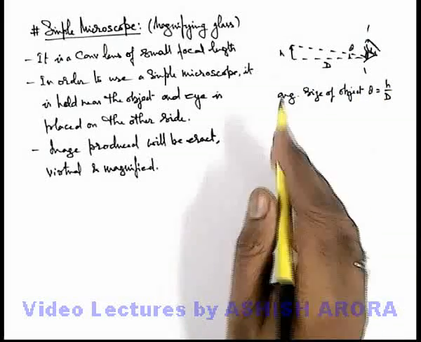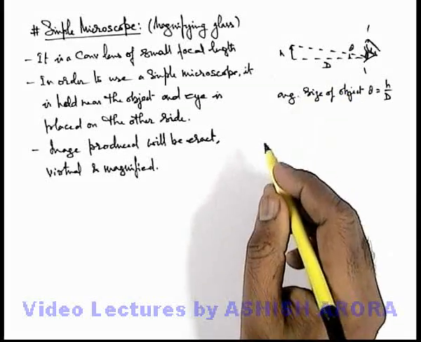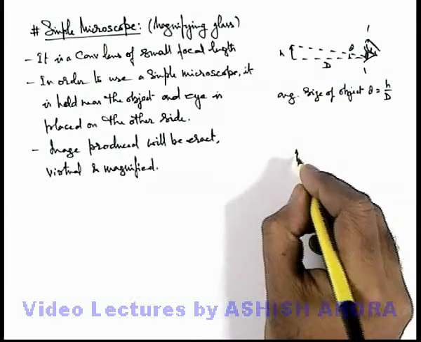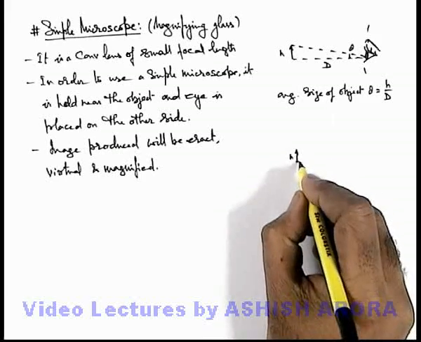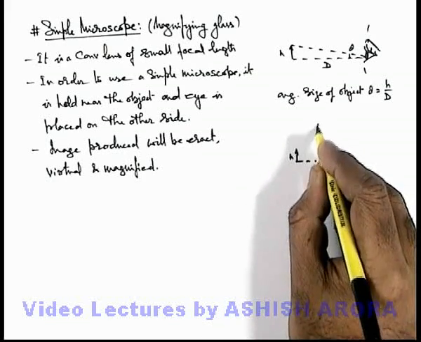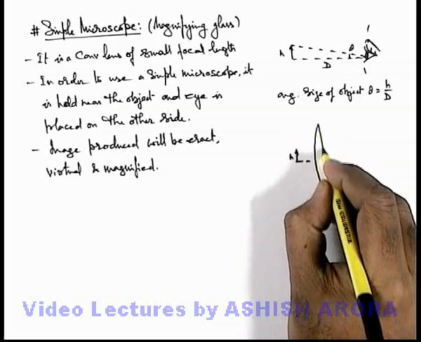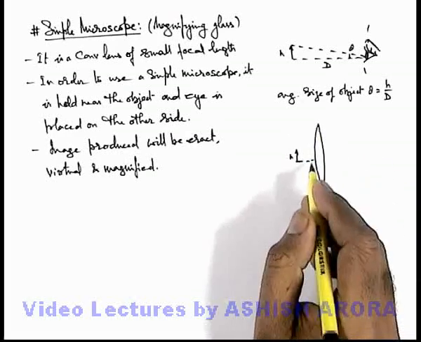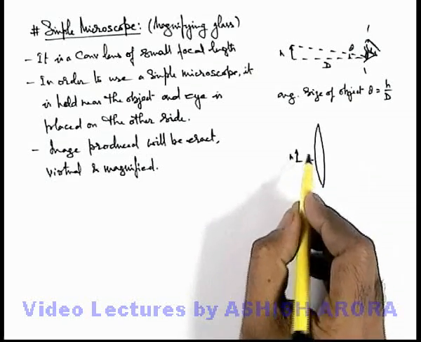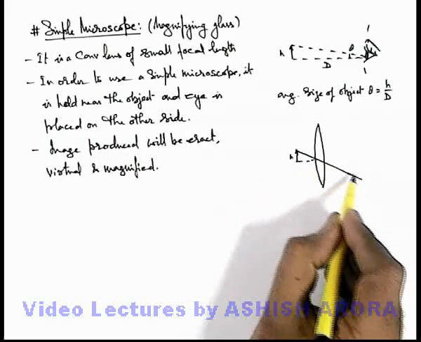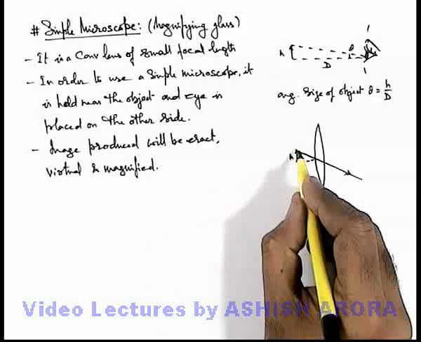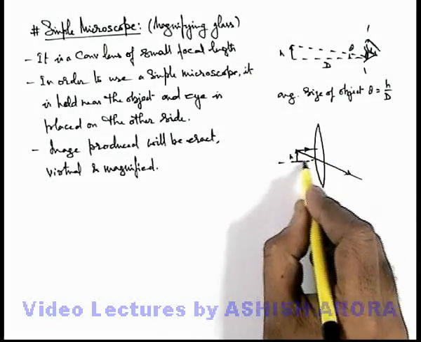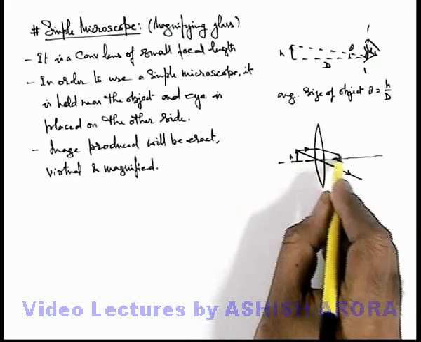Now if this object is seen by the same observer using a magnifying glass: this is the same object of height h, and at some distance we place a converging lens, or simple microscope, and look from the other side. One light ray passing through the optic center goes straight, and the other, going parallel to the principal axis, passes through the focal point.